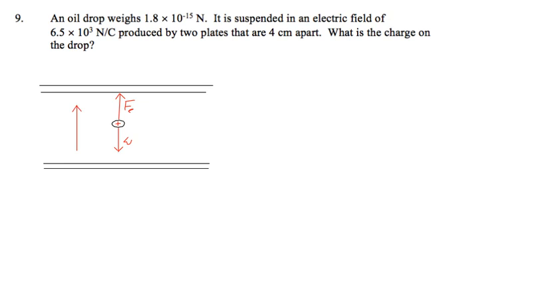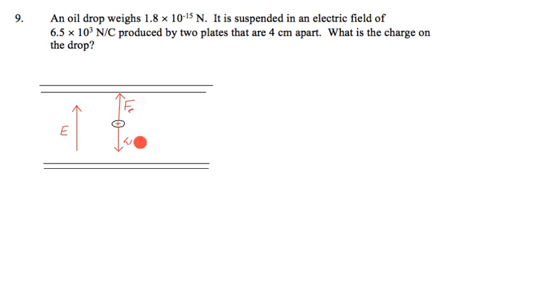If it's a negative charge, then it would be in the opposite direction, because the electric field is in the same direction as the force if it's a positive charge, right? So I'm just going to assume it's positive here. I'm just getting the value of the charge.